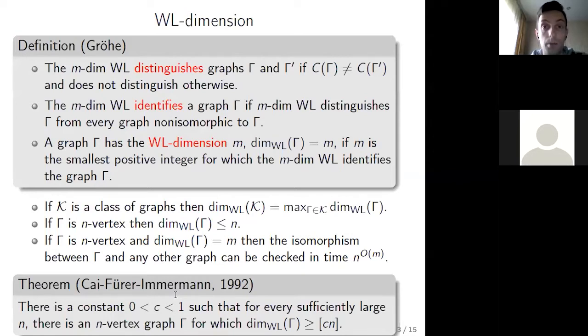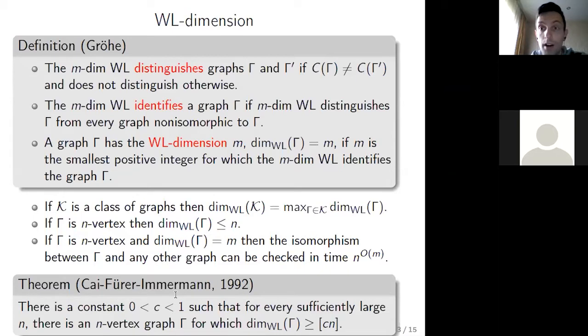What is Weisfeiler-Leman dimension? We say that the m-dimensional Weisfeiler-Leman algorithm distinguishes graphs gamma and gamma prime if the tensors constructed from gamma and gamma prime by the m-dimensional Weisfeiler-Leman algorithm do not coincide, and does not distinguish them otherwise. The m-dimensional Weisfeiler-Leman algorithm identifies the graph gamma if it distinguishes gamma from every graph non-isomorphic to gamma.